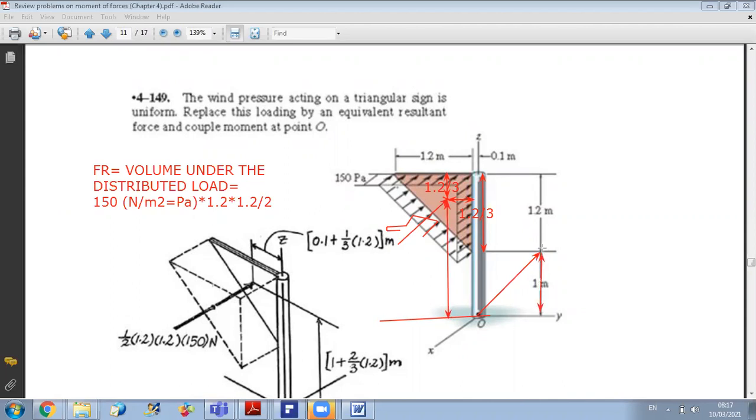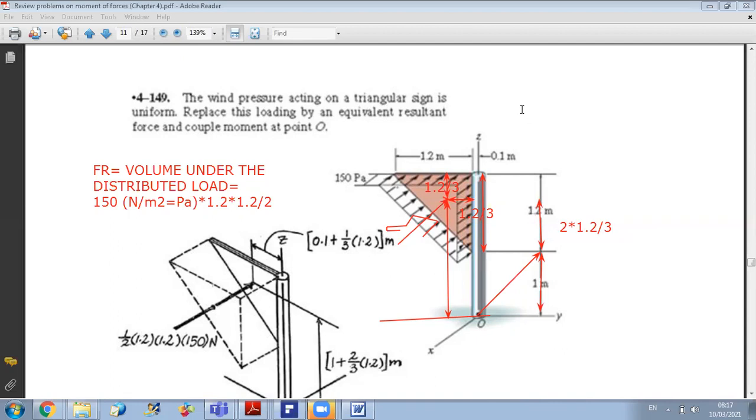Then from here to the point of application of the force I have 2/3 of 1.2. Since the distance from the base is 1.2 over 3, this distance will be 2 times 1.2 over 3. So the distance I should multiply by is 1 plus 2.4 over 3.